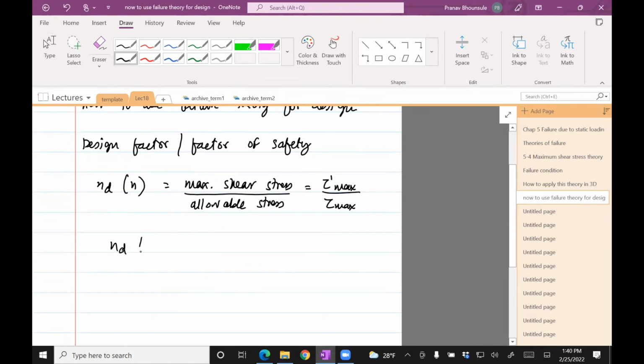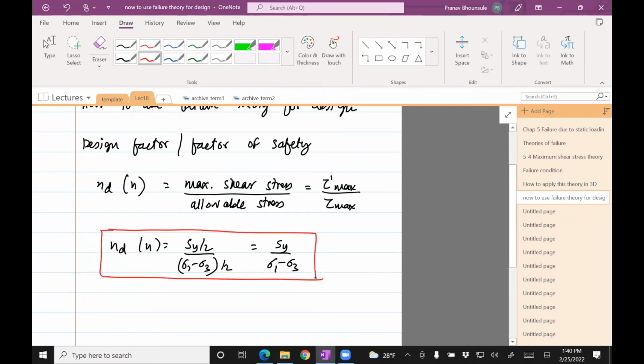So N equals Sy divided by 2 over tau max, which is Sy divided by sigma 1 minus sigma 3. The factor of safety just ensures that your maximum stress, tau max, never exceeds tau prime max by that factor.